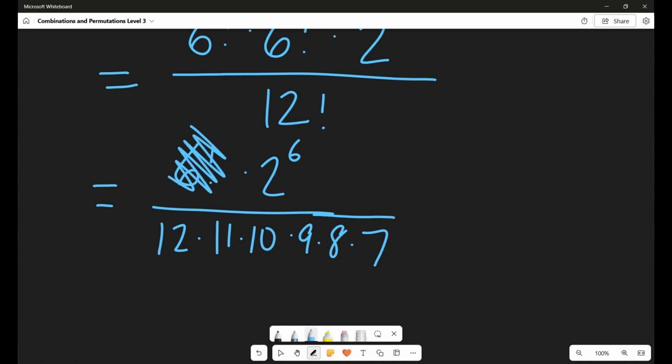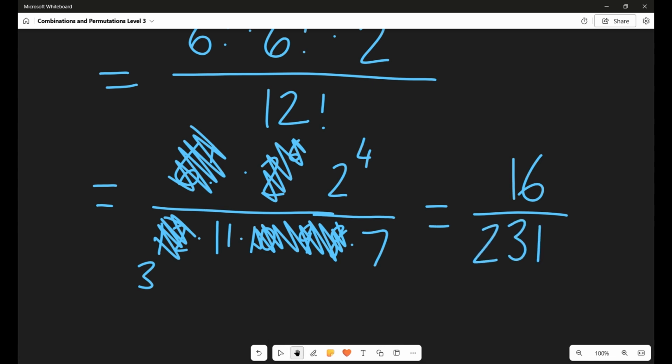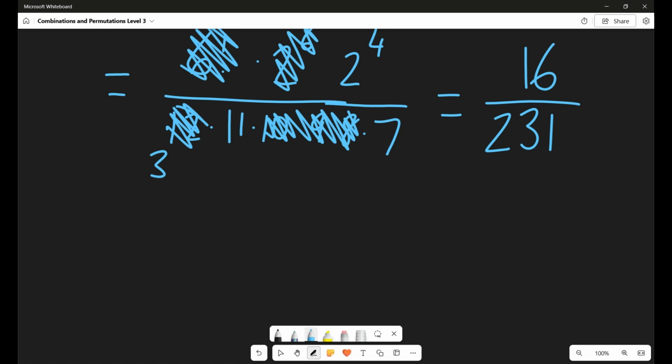Now this 720 and this 720 cancel. Here we can cancel a factor of 4, so we are left with 2 to the 4th. And here we'll cancel a factor of 4, so we're left with 3. And this comes out to 16 over 3 times 7 times 11, which is 231. And when we add our numerator and denominator, we get our final answer of 247.